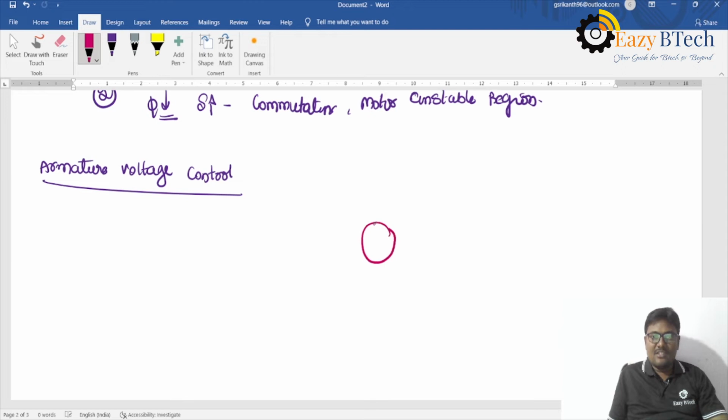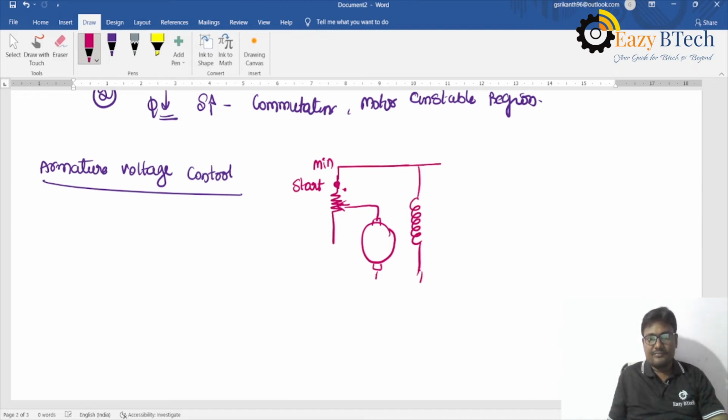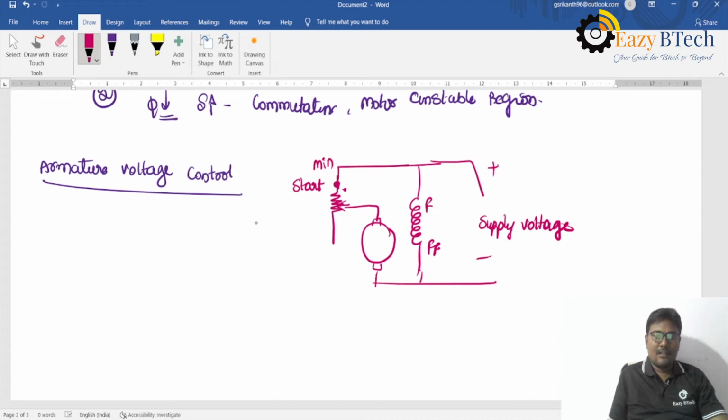Armature voltage control means I am connecting a resistance, that is called a rheostat, in series with the armature. This is called the start position, the minimum position. Field and field, supply voltage, rated voltage I am applying. N is directly proportional to EB divided by phi.